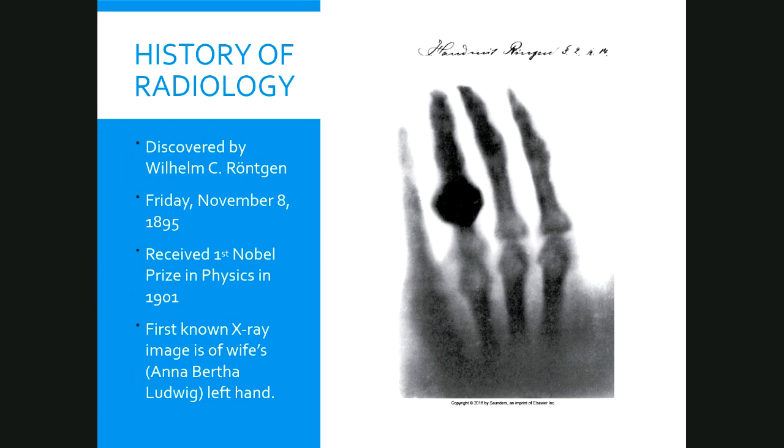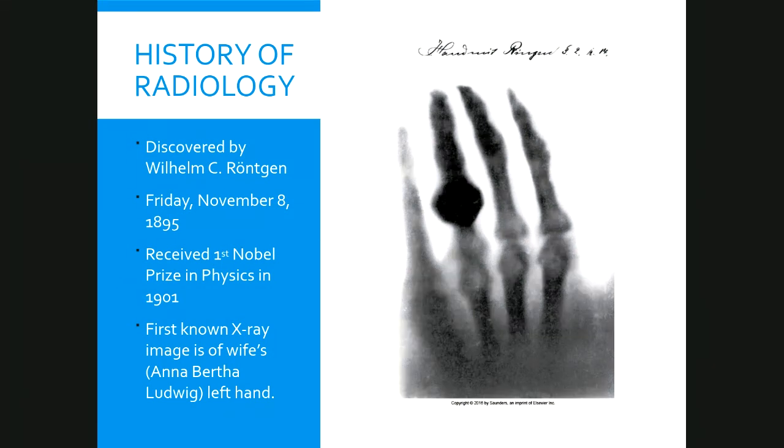But he literally spent all his hours in the lab. He is married. His wife, her name is Anna Bertha Ludwig, and she actually went by Bertha, even though her first name was Anna. He married her. There's accounts that she was extremely annoyed because he was literally eating and sleeping in his lab.